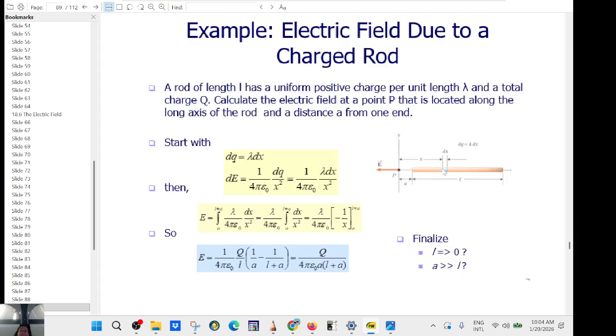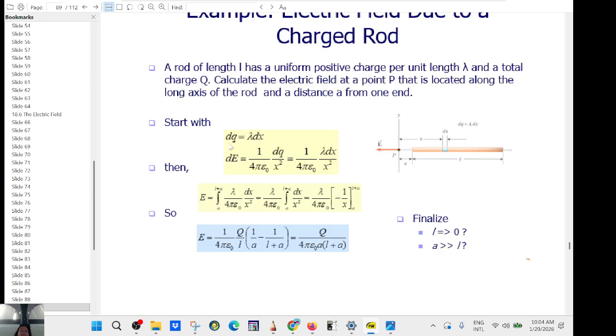So you're going to take a dx or dl, and the dq will be lambda dx by definition. You're going to find the electric field produced by only that little dq at that place P. This is positive, so the electric field is moving away. That will be a little dE. You with me?